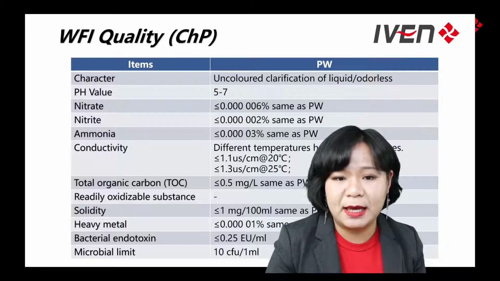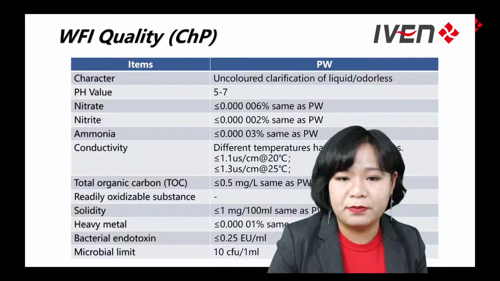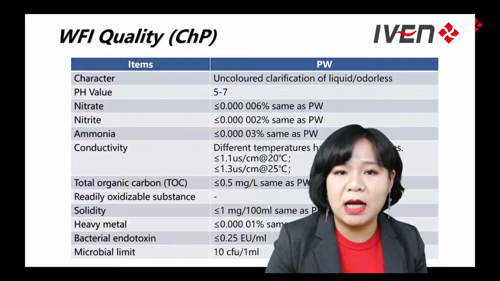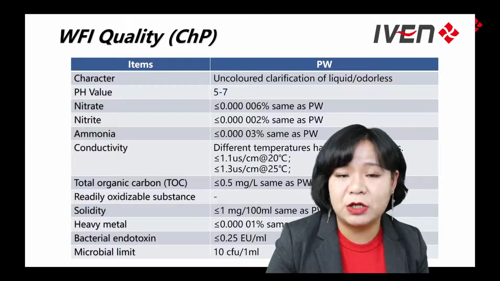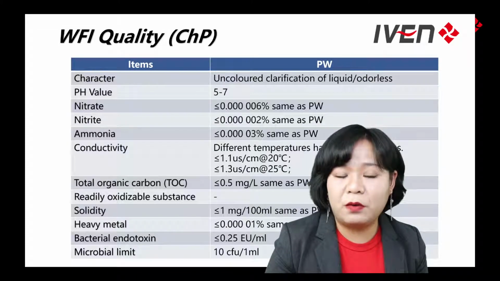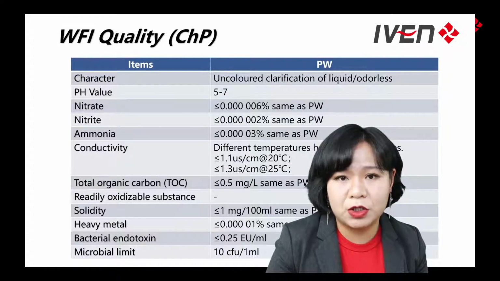As you can see, it has stricter and lower limits, more strict standards for each parameter here. And also we do the design according to your raw water and the final production water. We give you the full treatment solutions for water from raw water to PW or to WFI.